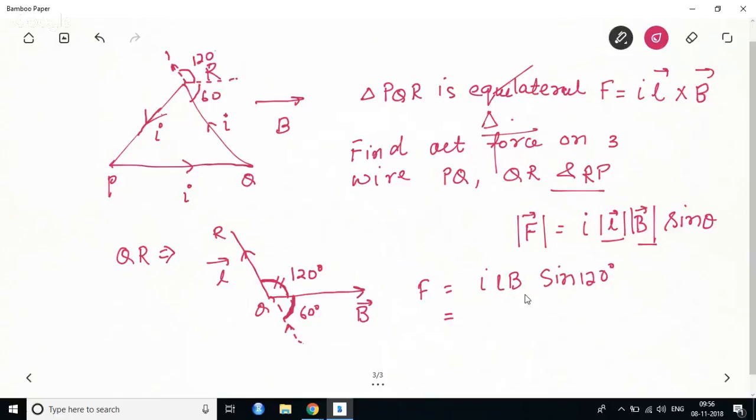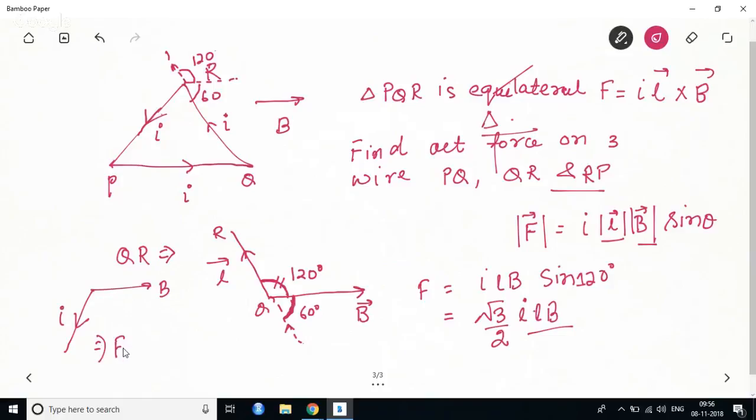that is equal to root 3 by 2 I L B. Is it okay? And on the PR vector, again B is like this and I is in this direction.